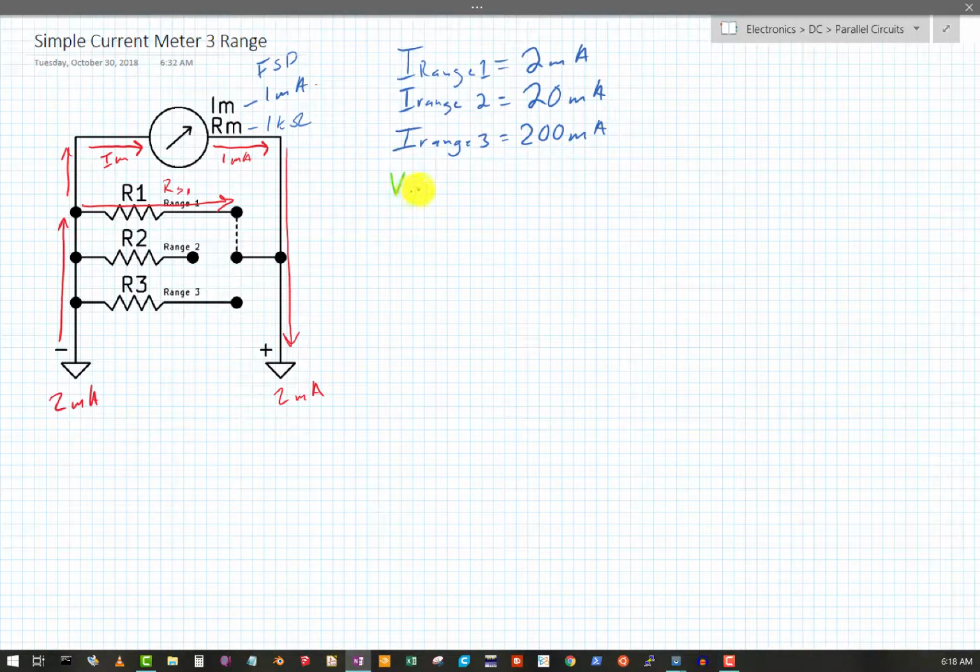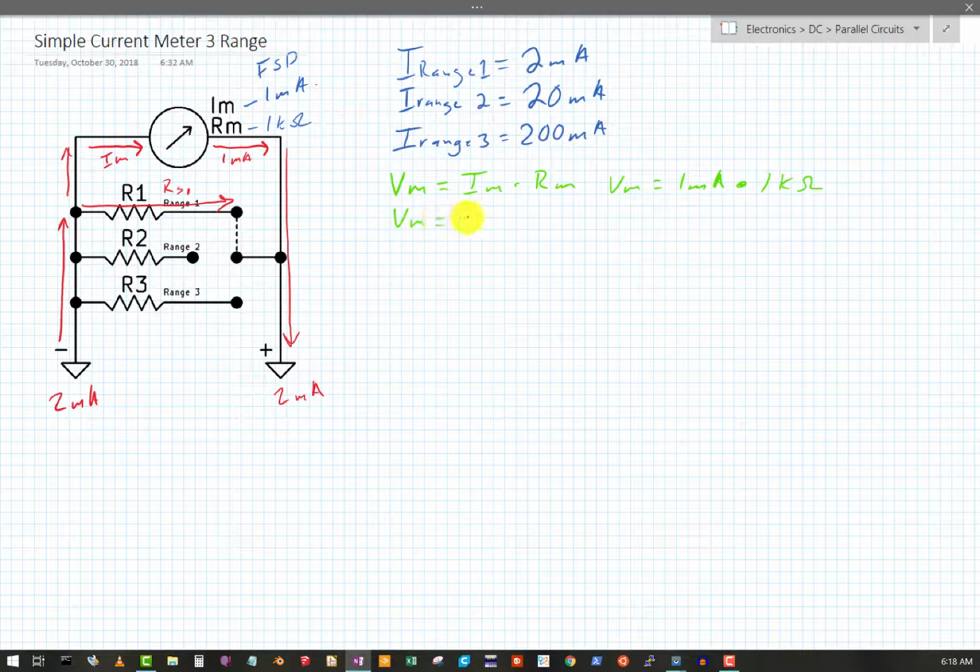So I determined that V meter was just going to be Ohm's law of I meter times R meter, and we got 1 milliamp. You're going to want to use the measurements that you've determined for your meter if you want to make accurate predictions. But just on paper, we're going to work with these numbers, and to do measurements we have to verify.